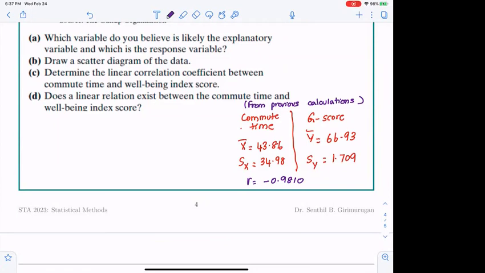Does a linear relationship exist between the commute time and the well-being index score, which is the G score? Absolutely, we know that. The goal is to come up with the line of best fit now. So what is the line of best fit?